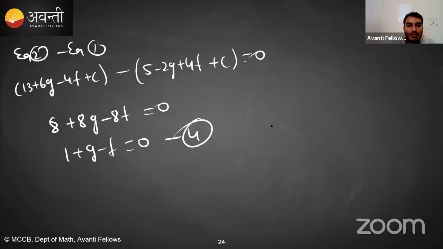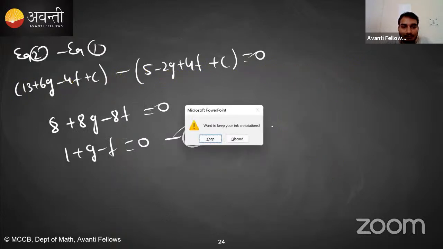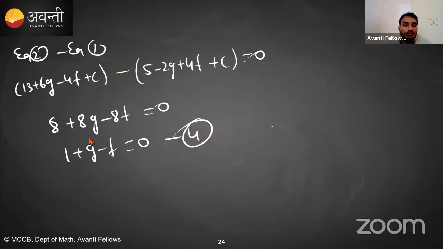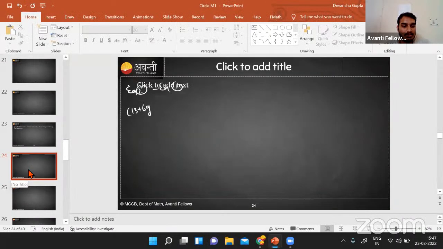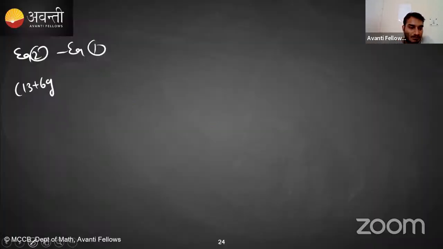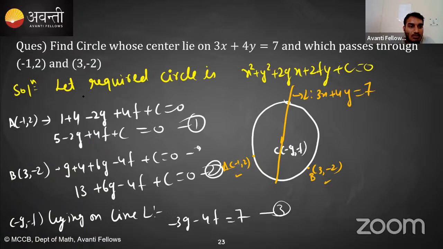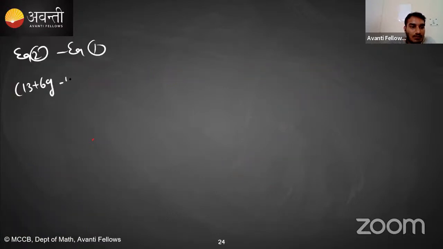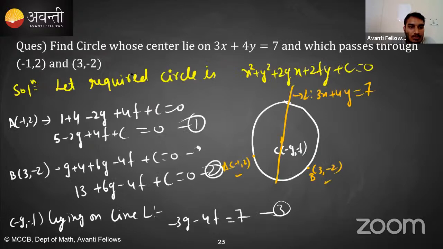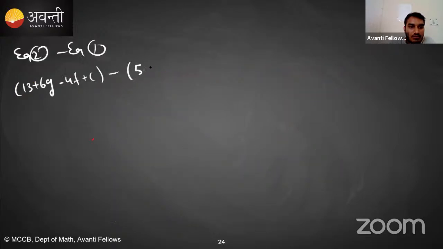So on solving, one second. Is this clear so far? It's just algebra, right? The concept has already been covered. Okay, it's just algebra that is left. So what we got: 8 plus 8g minus 8f is equal to 0.